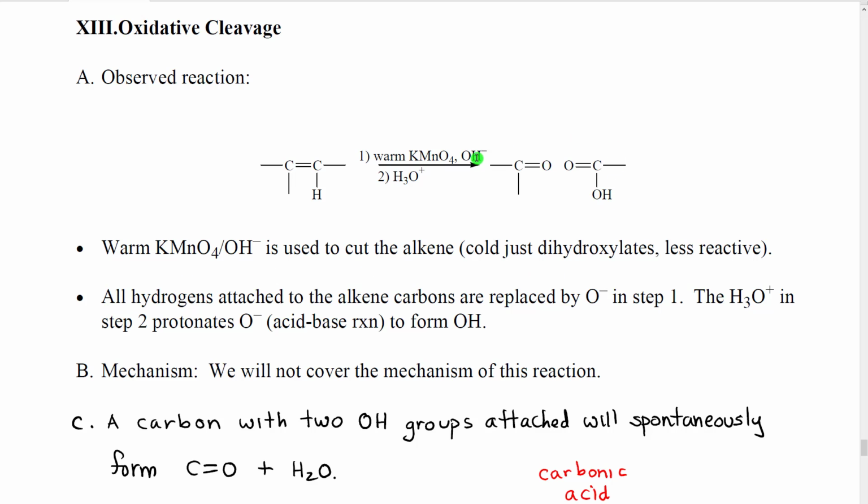If we do this in the presence of hydroxide ion, the carboxylic acid that's produced would react with the hydroxide, and we would get what's called carboxylate, the deprotonated conjugate base form of this product. Assuming that we want the acid, we would have to add hydronium in order to protonate that and get us back to the acid. So that's why this second step is necessary.